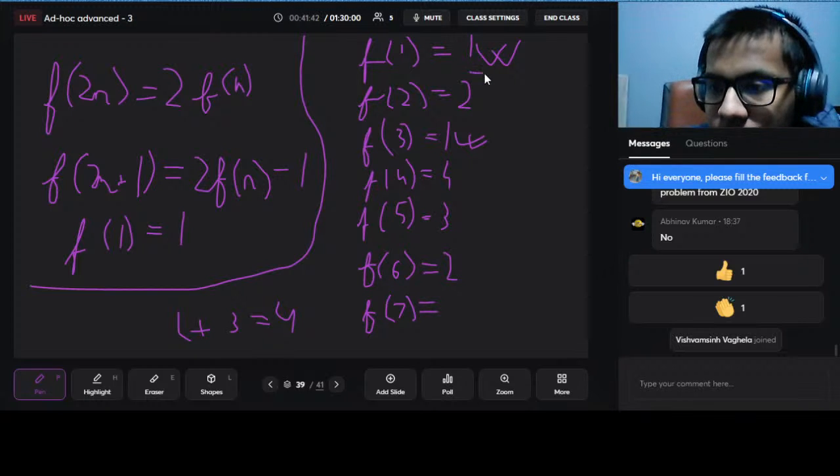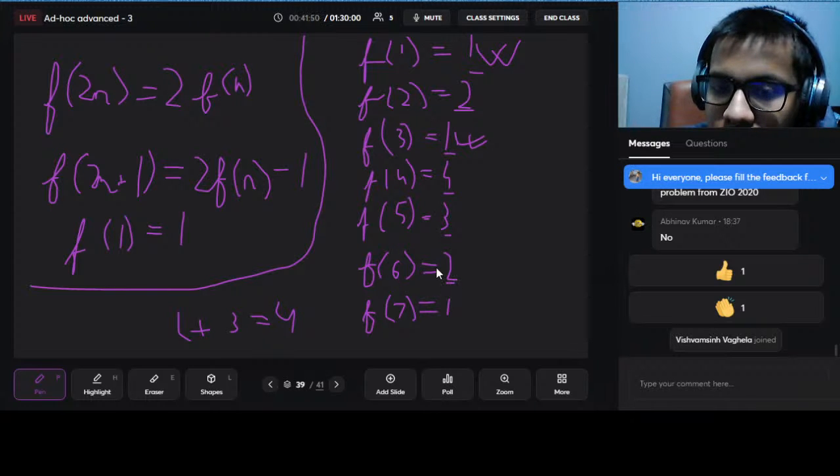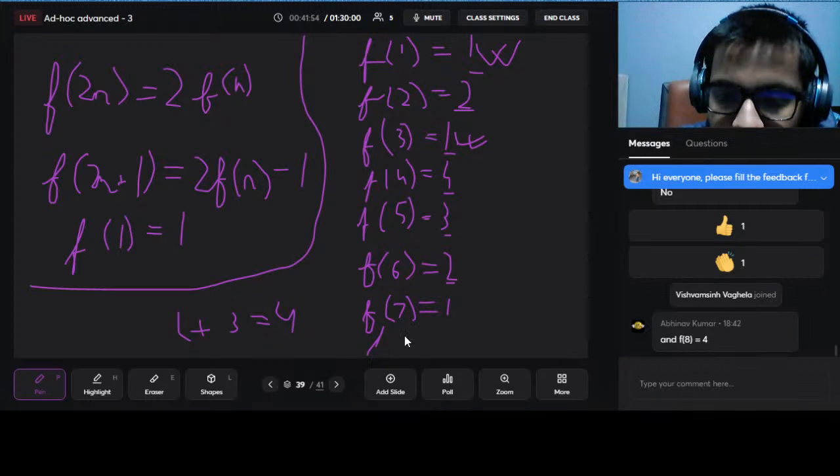You have 1, then you go to a power of 2, 2 and then again 1. Then you have 4, 3, 2, 1. So at powers of 2, you seem to be going to the power of 2. Now f of 8 equals 8.